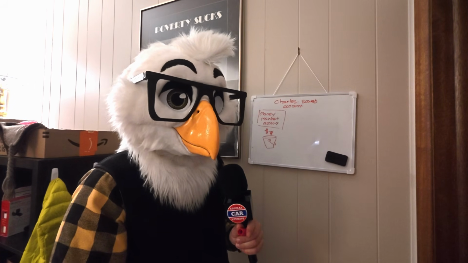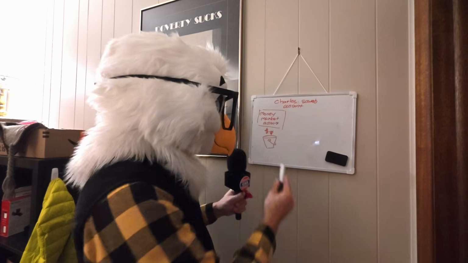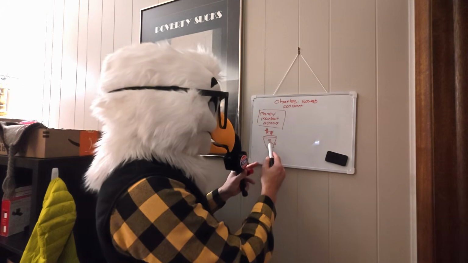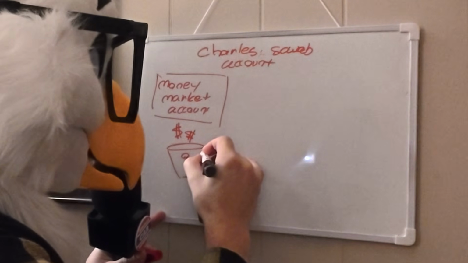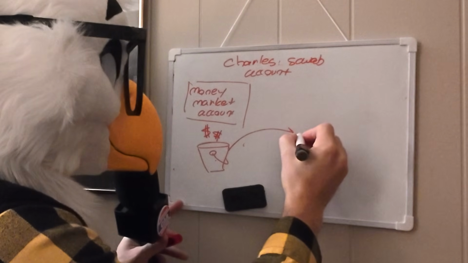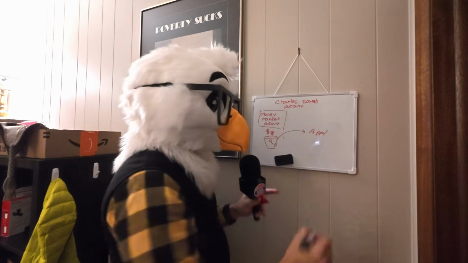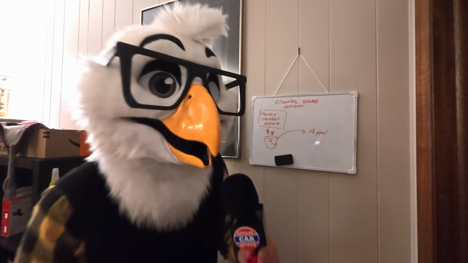Doesn't really do much, doesn't really gain interest. It's just a holding place. So when you wrote that check to Charles Schwab or to Robinhood or whatever, it ends up in a money market account, the bucket. From there, you are able to take money out and then finally, at long last, choose, and I just use Apple because everybody knows it, securities. Securities just means stocks for you to buy.